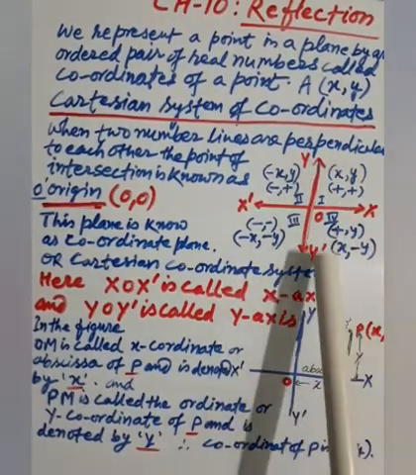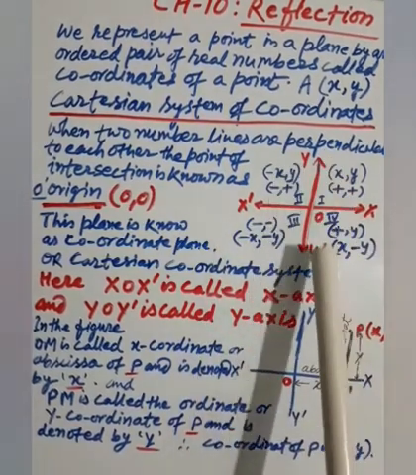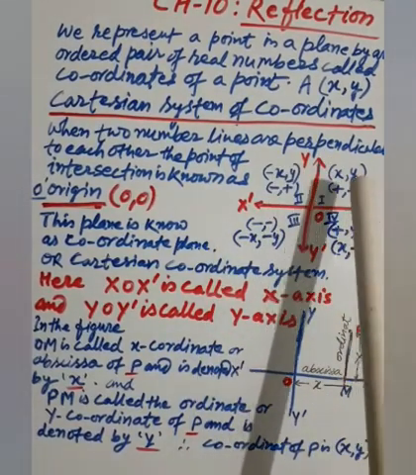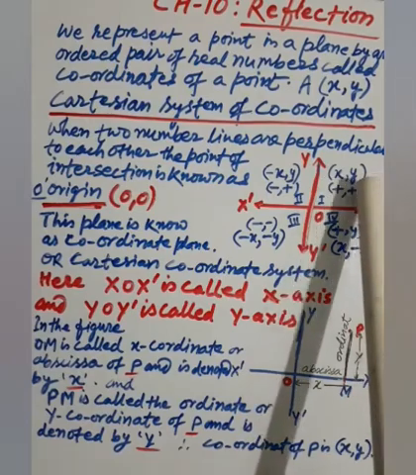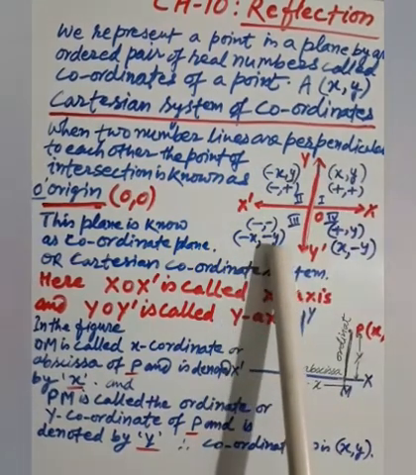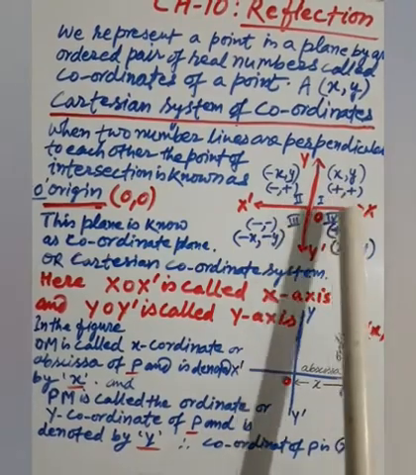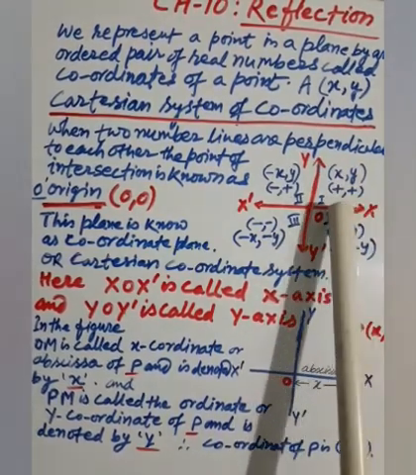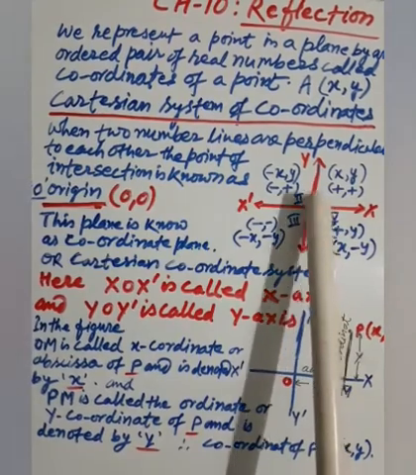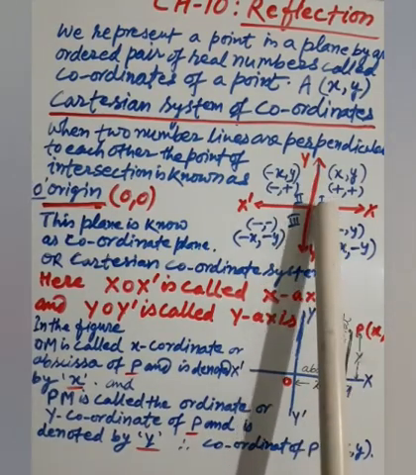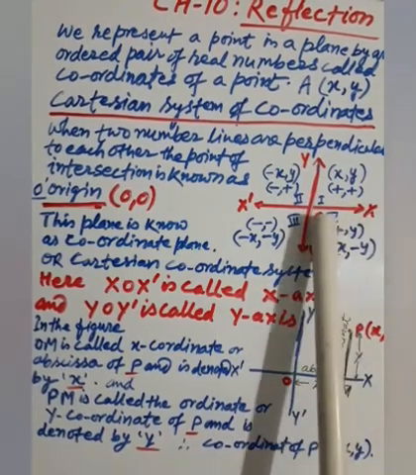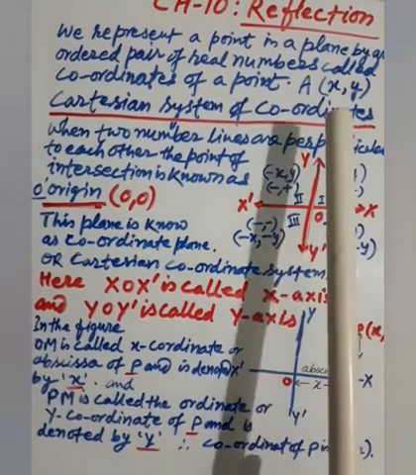The axes are perpendicular to each other, and this divides the plane into quadrants: first quadrant, second quadrant, third quadrant, fourth quadrant. In the first quadrant, on the right side of the y-axis the value of x is positive, and above the x-axis the value of y is positive.